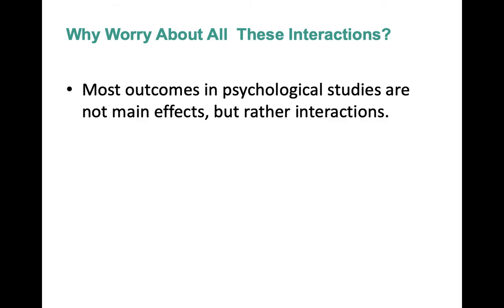You would have to say something along the lines of, well, yeah, it's generally true that when using a cell phone, people are slower to brake, but that really depends on whether we're talking about an older driver or a younger driver. Because younger drivers brake at the same speed when they're talking on a cell phone versus not, as long as we're talking about light traffic. So it's a much more complicated and nuanced explanation, and it's really the interaction that captures that, not the main effect.